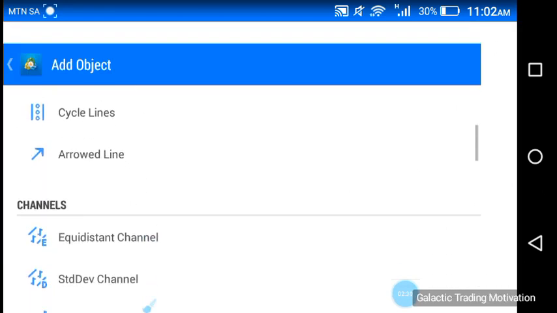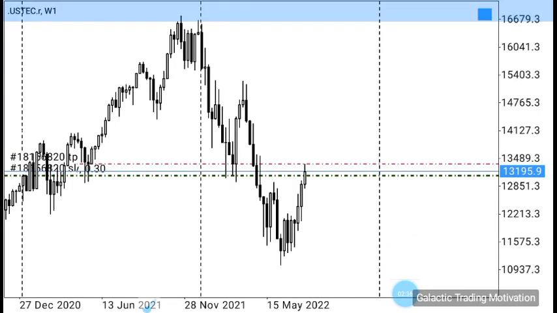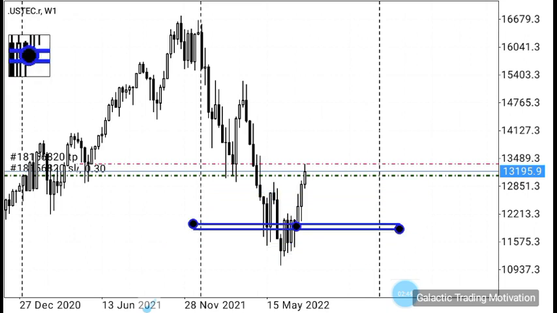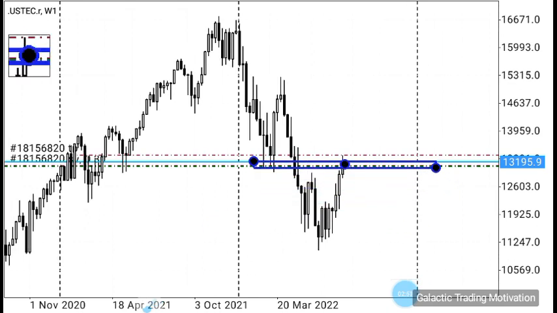add a neckline for that M structure, because it is very much important, and it's also a very strong area of resistance. So just bear with me while I add this neckline. There we go.